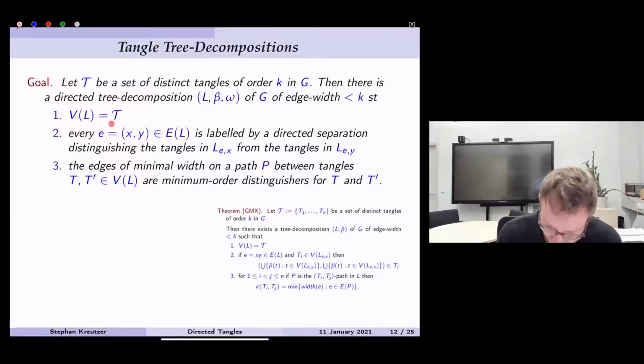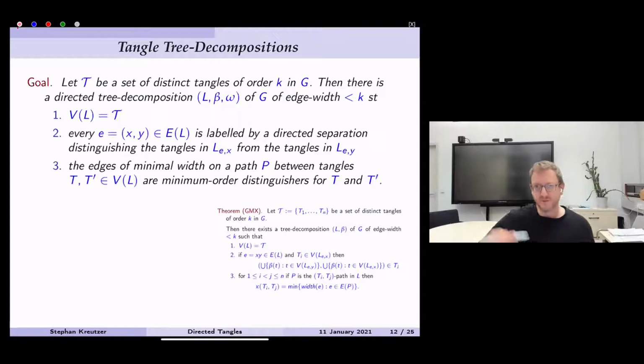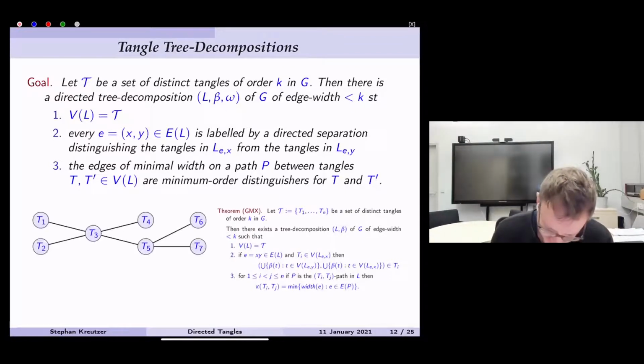So the vertex set of the tree decomposition should be the set of tangles. Then if we have an edge in the tree decomposition, we want it to distinguish all tangles from the left from all tangles from the right. And again, edges of minimal width should be minimum order distinguishers between the tangles. So that would have been the idea.